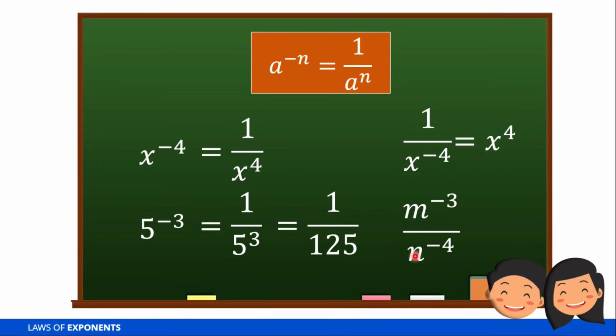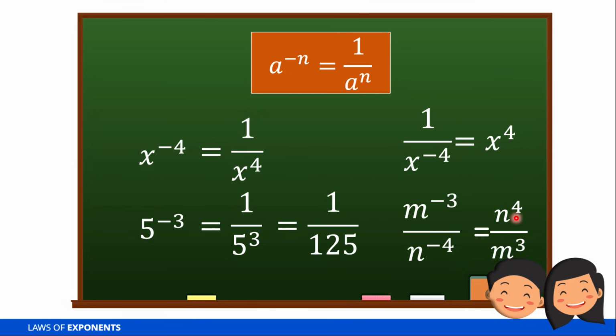Now, what if we have this given? So, anong mangyayari dito sa ating given? Okay, so ito lang yung kanyang katumbas. Magiging positive na yung exponents nila. So, yung numerator kanina na m na may negative 3 na exponent, nasa denominator na siya. Tapos, positive na yung exponent na 3. Tapos, yung denominator kanina na n na may negative 4 na exponent, magiging numerator naman.